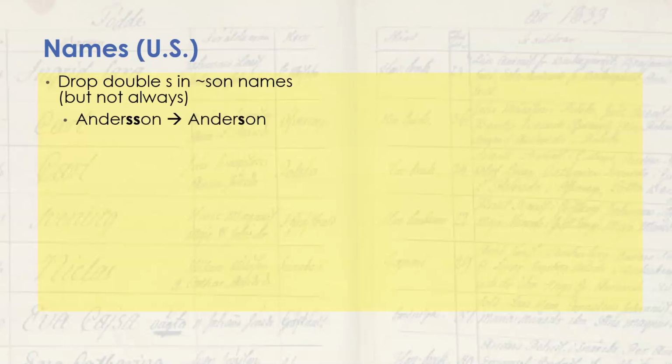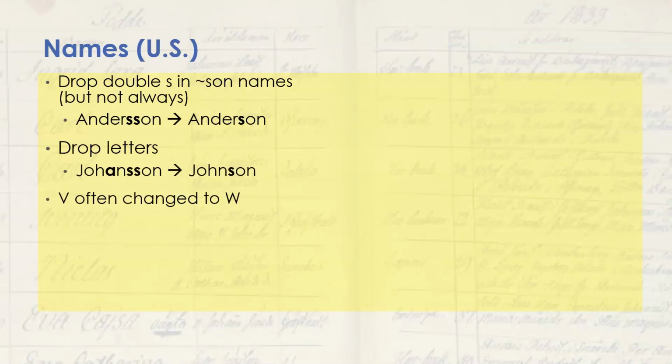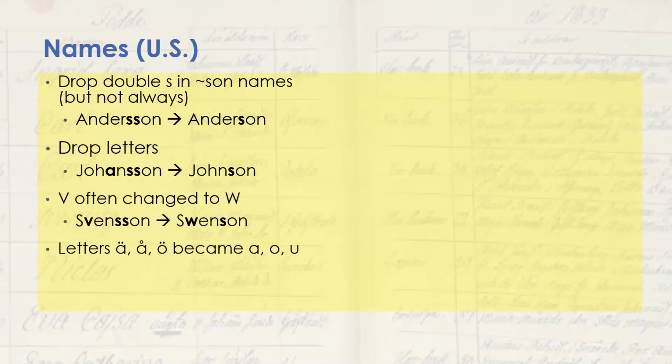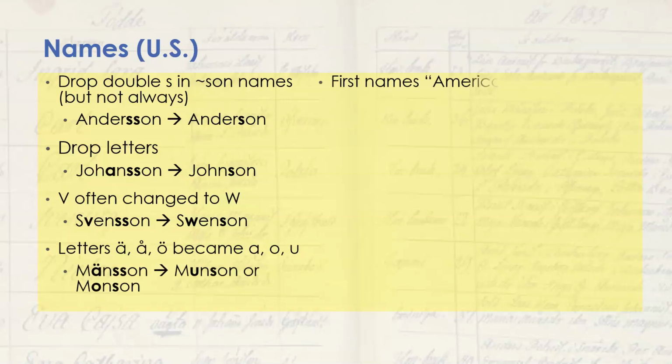Some of the things that you will run into will be that they will drop the double S in the son names, but not always. They will drop letters altogether. The V often changed to a W. The letters with the diacritics became A, O, and U. First names would be Americanized.